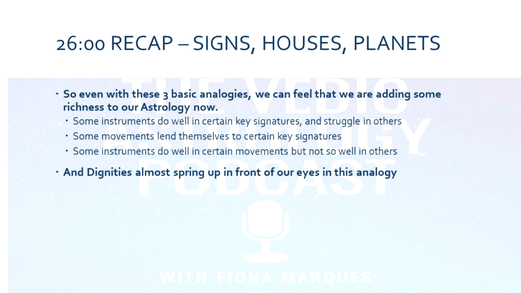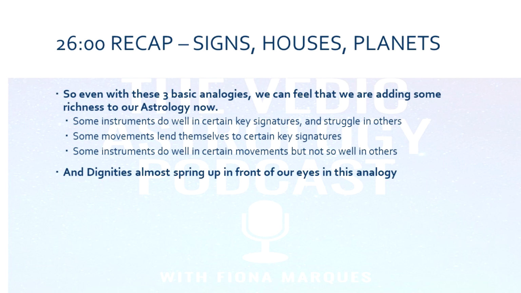All right, so now we have 3 basic analogies. And can you feel how we're beginning to get some flow and richness with our astrology insights now? Some instruments are going to do well in certain musical key signatures, and they're going to struggle in other keys. And some movements are going to lend themselves to certain key signatures.